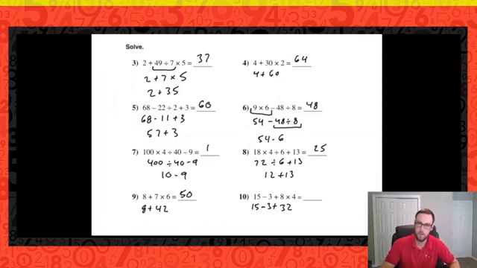So I'm going to work left to right because now I'm working with addition and subtraction. So those are the same magnitude of operations. So 15 minus 3 is 12. And 12 plus 32 is 44. All right.